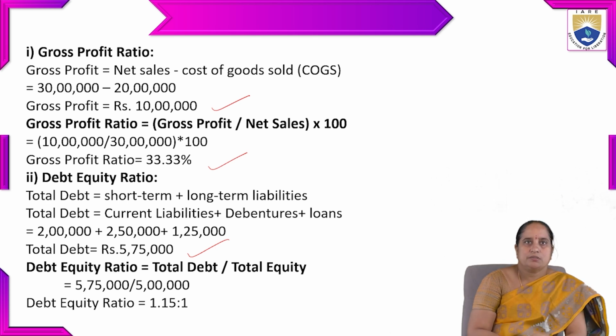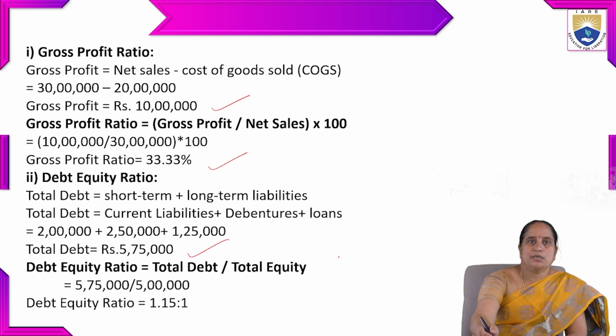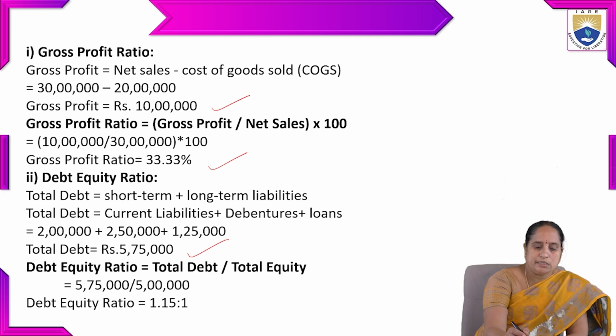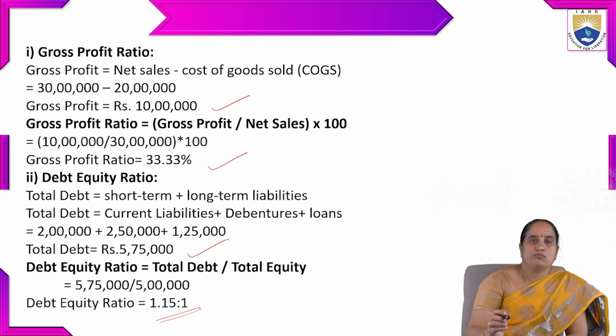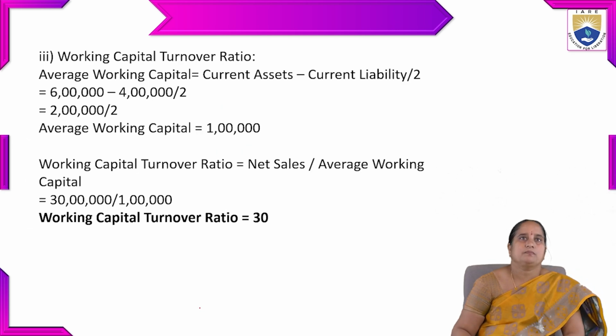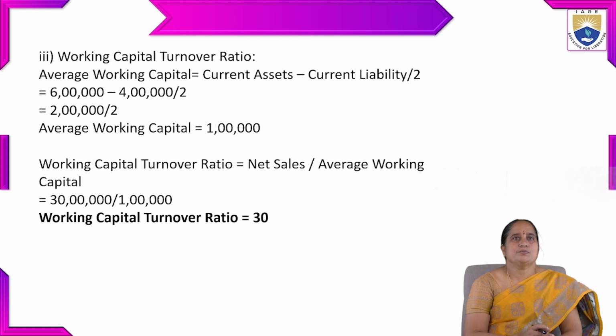Then using that information, compute debt equity ratio. Debt equity ratio is equal to total debt divided by total equity. Total debt is 5 lakh 75,000 divided by total equity 5 lakhs. So our debt equity ratio is 1.15 is to 1. And the next one, working capital turnover ratio.